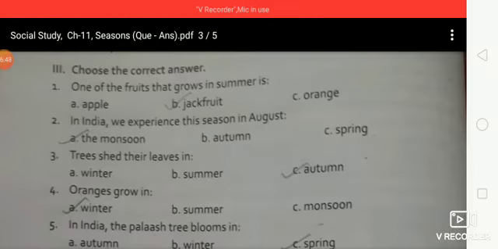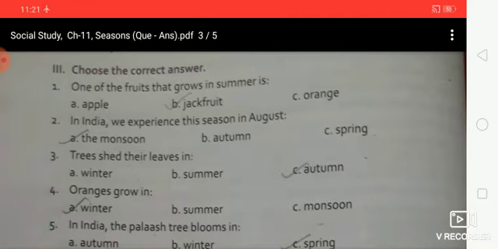Okay, come to the new exercise. Question number 3. Choose the correct answer. Each question has 3 options, so choose only one. One option is right.